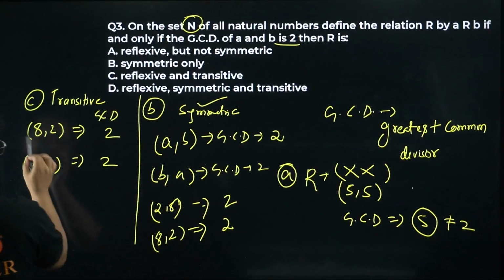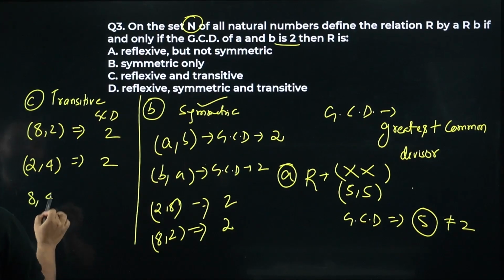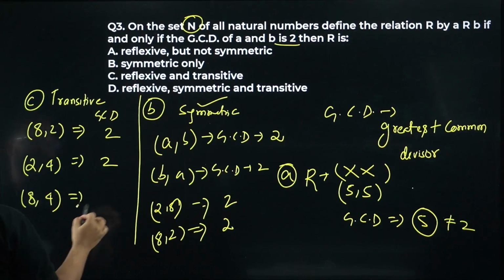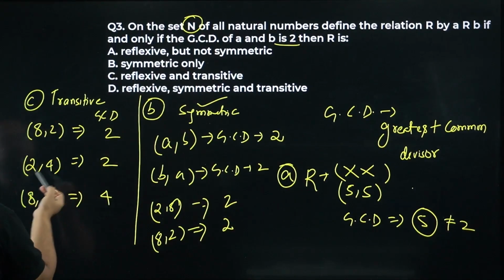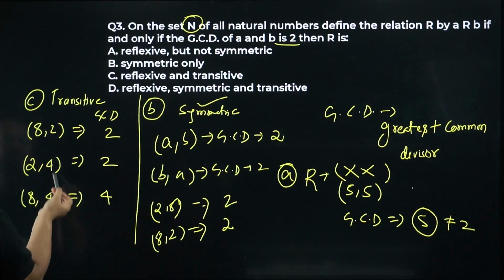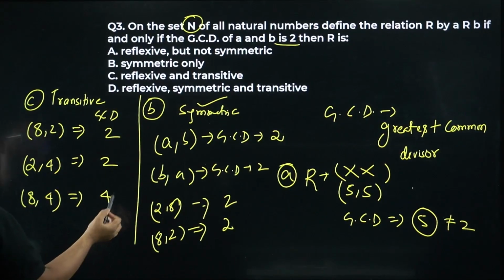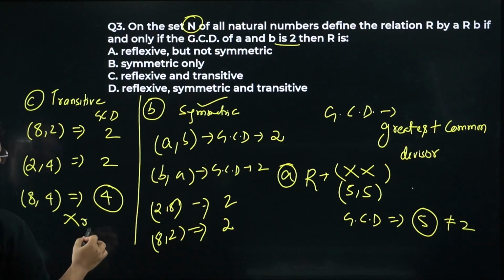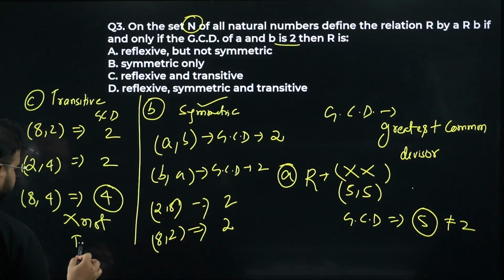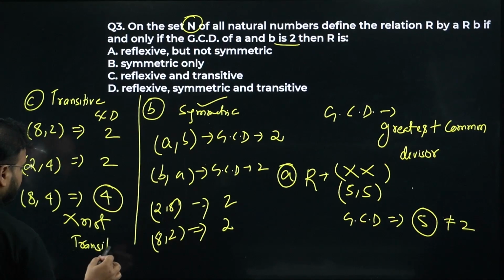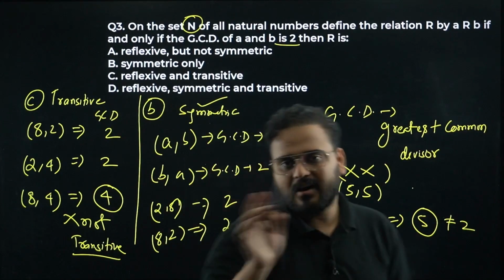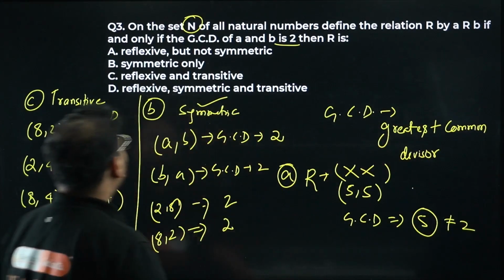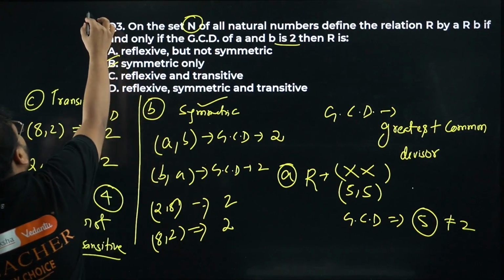Now the last one will become 8 4. In this case, what is the GCD? The GCD is 4. 8, 2 has GCD 2, 2, 4 has GCD 2, but 8 and 4 becomes 4. It means not transitive. So I have a relation R which is only symmetric, the other two not possible. The answer is B, only symmetric.